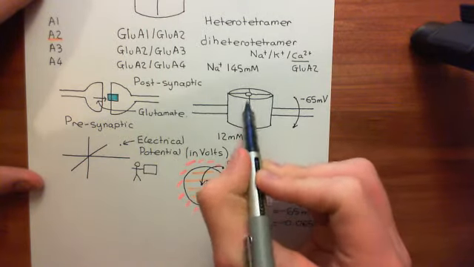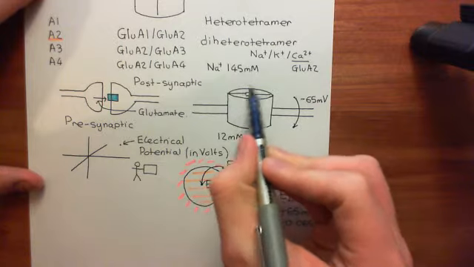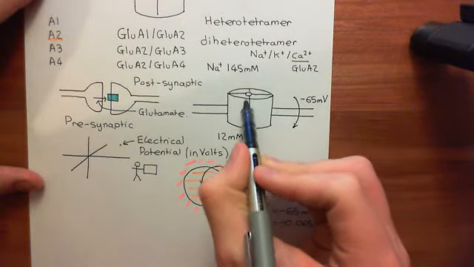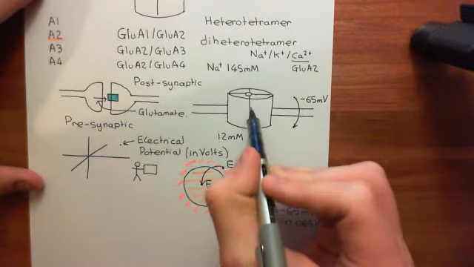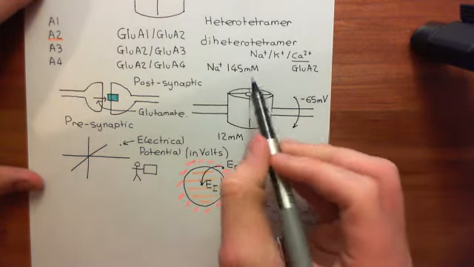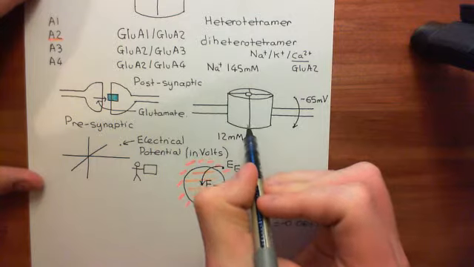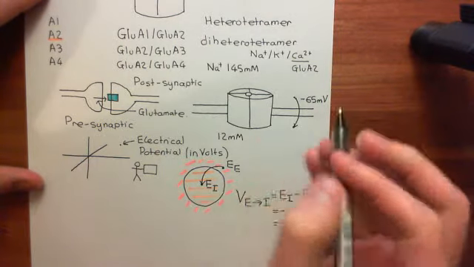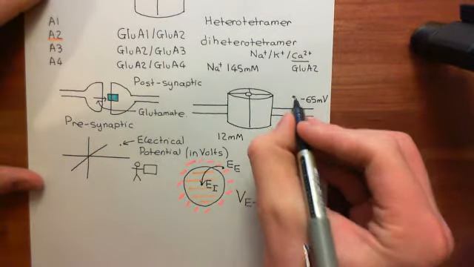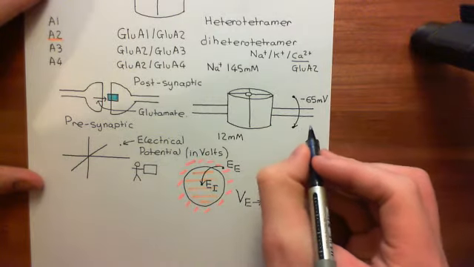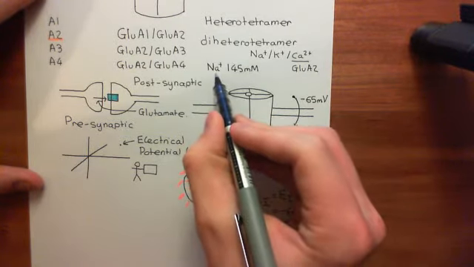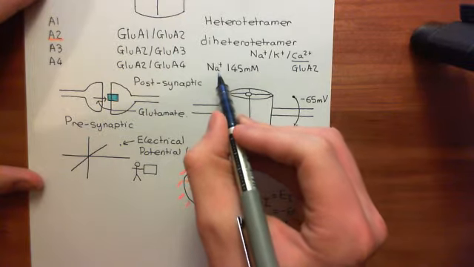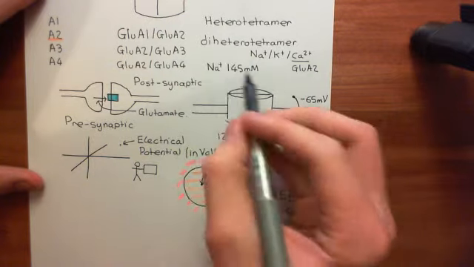That means a sodium ion is 12 times more likely to hit from the outside and go through inwards than a sodium ion is to hit from the inside and go outwards. So this is favouring a net movement of sodium into the cell. In addition, you have to bear in mind the electrical potential difference across the cell membrane, because sodium ions are positively charged particles, so they're going to pay attention to it.